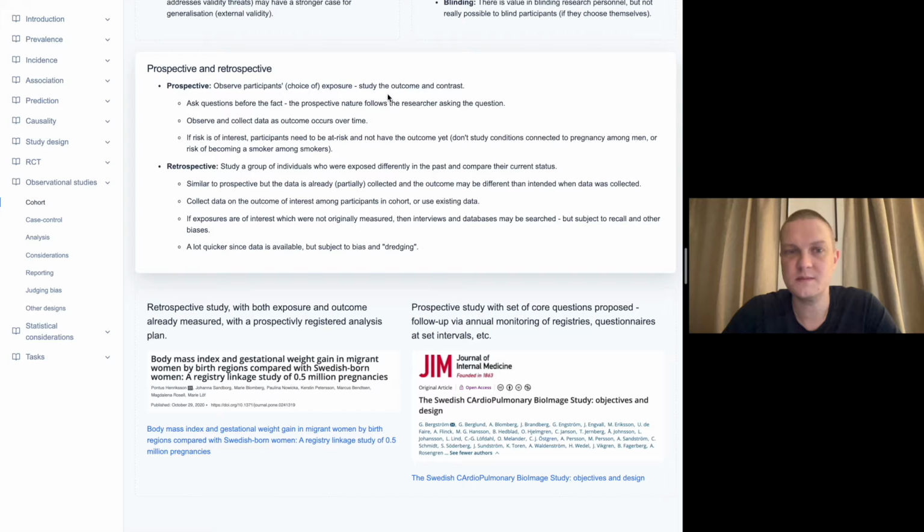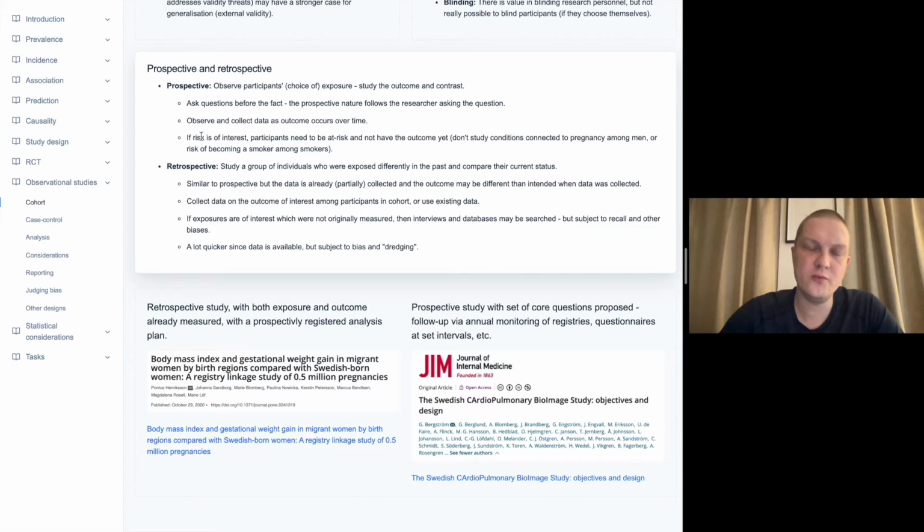The key is that you ask questions before the fact. So the prospective nature really follows the researcher asking the questions. You decide on a set of questions you want to have the answer to, and you set up a study, you start collecting a cohort of participants, and you follow them over time.